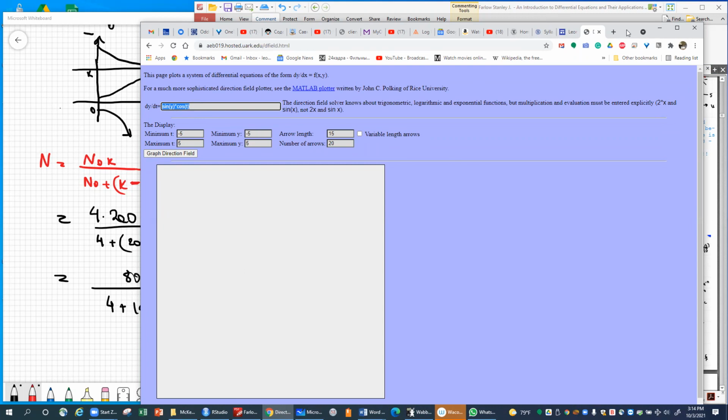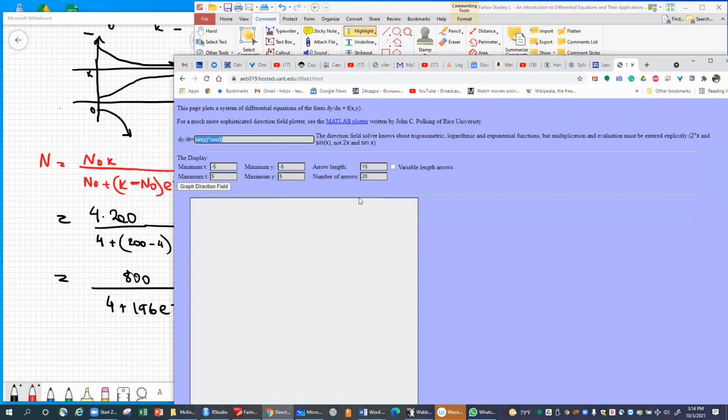So you have r 0.03 times n, your y unknown, times parenthesis 1 minus y divided by K, which is 200.